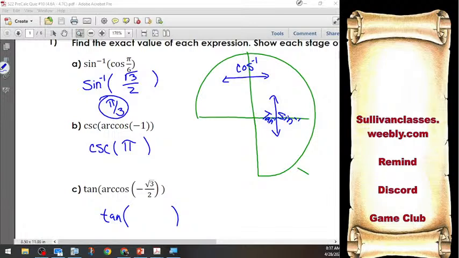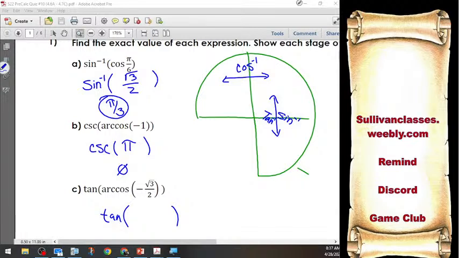So go find the sine value and flip it. What's the sine value at pi? 0. So when I flip it, undefined. Remember, x-intercepts become asymptotes. Everything explodes outwards.